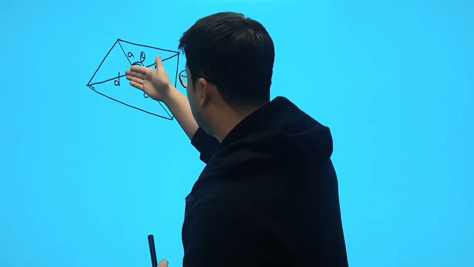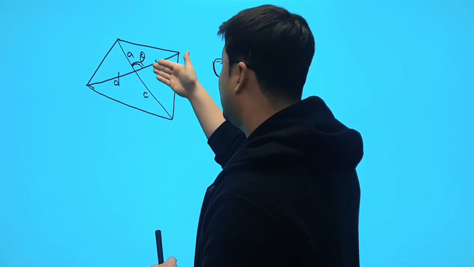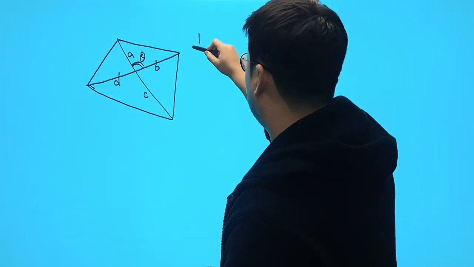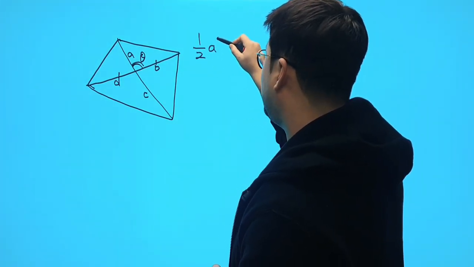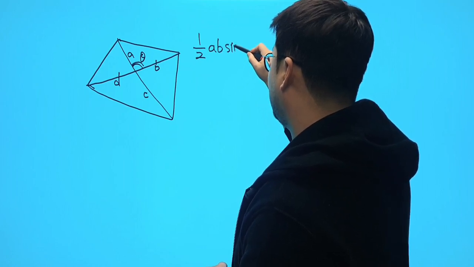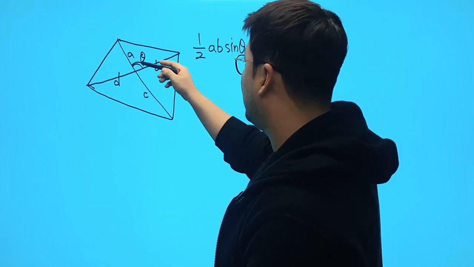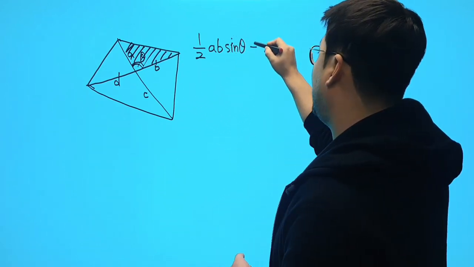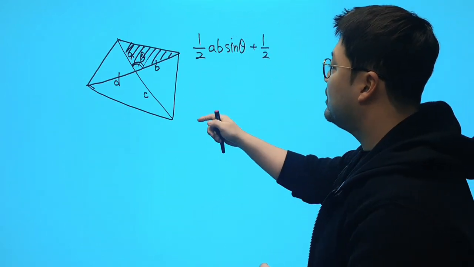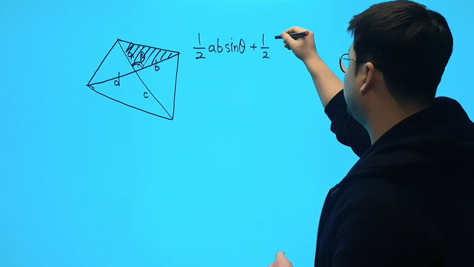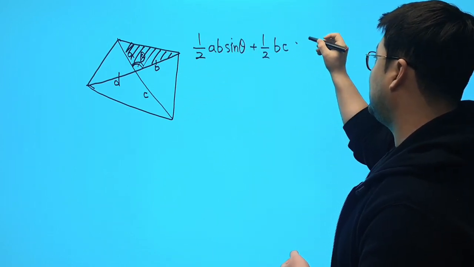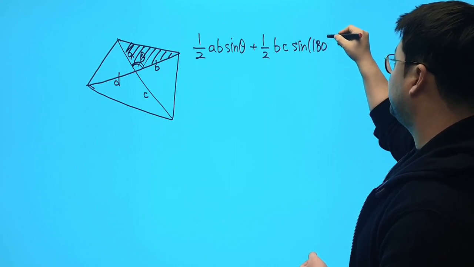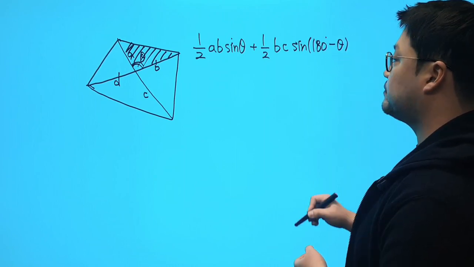Okay, so here's what's going to happen. I can actually find the area of each triangle that you saw here using the law of sines. So it becomes 1/2 times AB sine theta. That's the first one. If I mark it, that becomes the area of that much. And I can add it with 1/2 times BC times sine 180 minus theta.